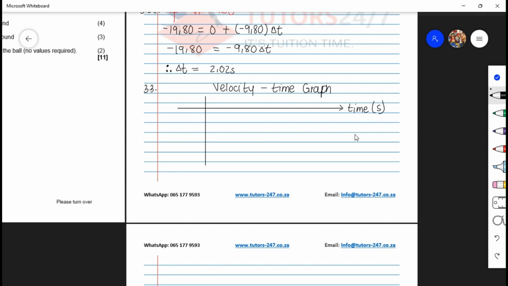So we put in our time and the unit that time is measured in, as well as velocity and the unit that velocity is measured in.